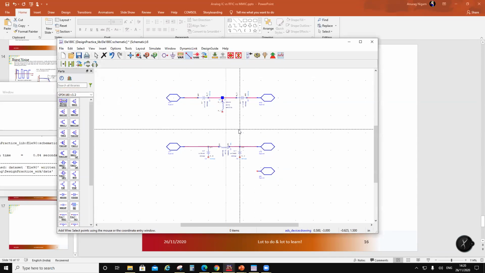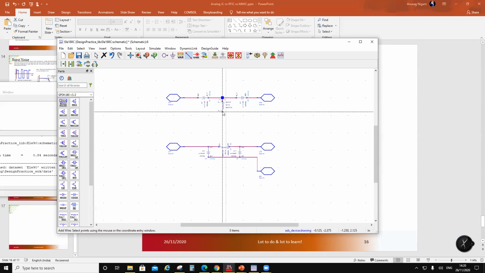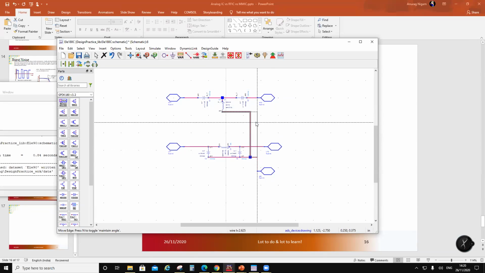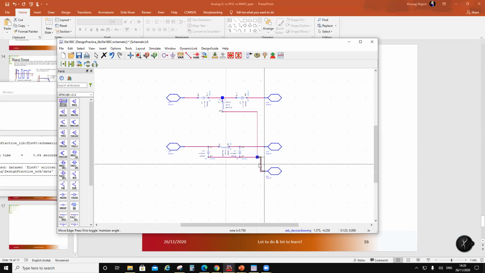This is the ground. Done. Okay, so this is my low pass, high pass element.